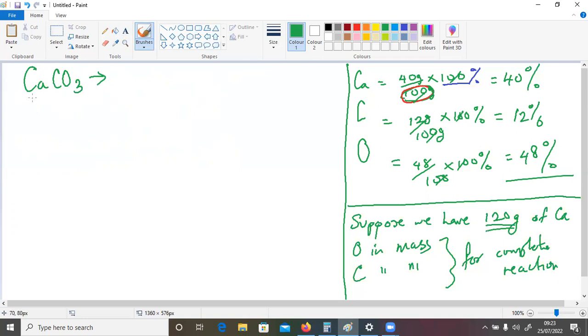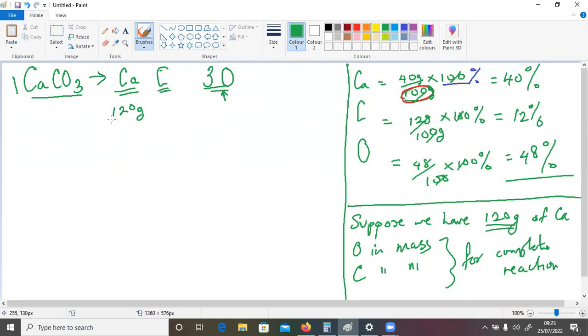In any compound made up of calcium carbonate, 1 atom of calcium combines with 1 atom of carbon and with 3 atoms of oxygen. So if I have a specific amount of calcium, like 120 grams, how much carbon do I require? How much oxygen do I require?